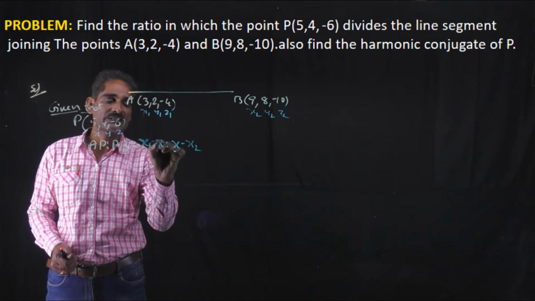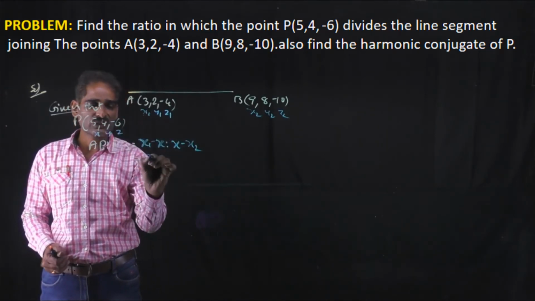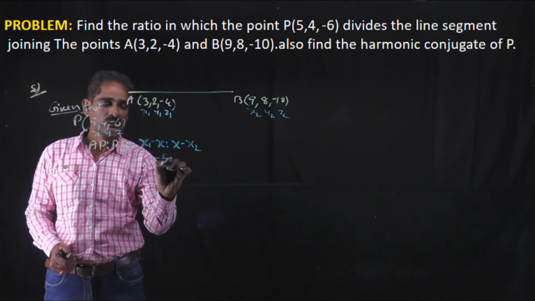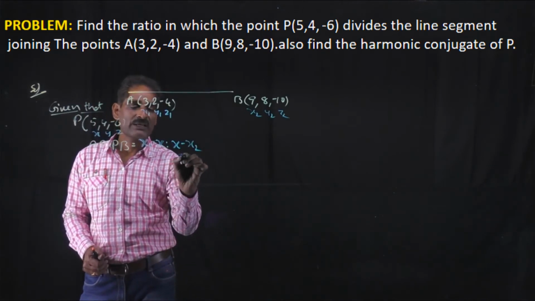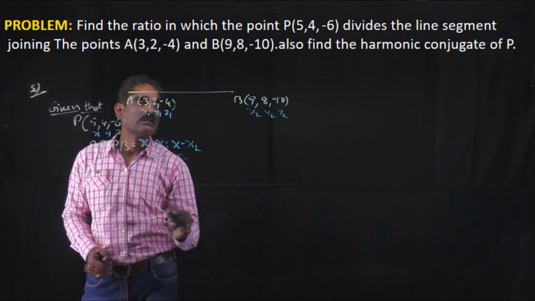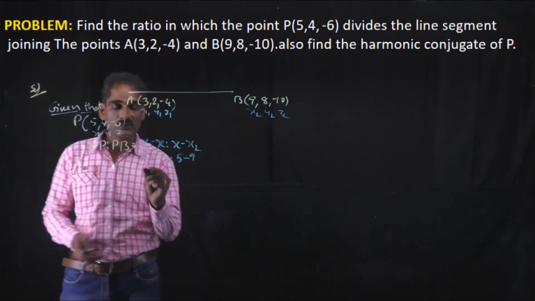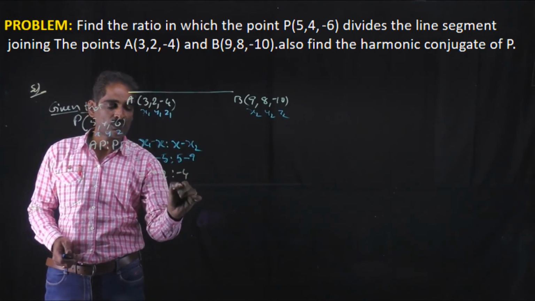That means 3 minus 5 is to x minus x2, 5 minus 9. Therefore, this is equal to minus 2 is to minus 4, that is equal to 1 is to 2.